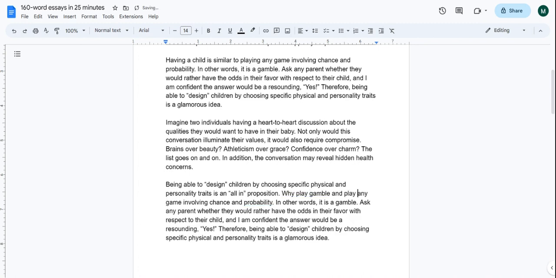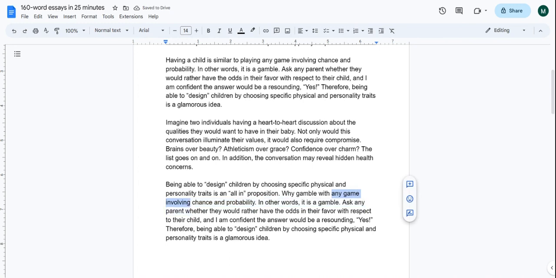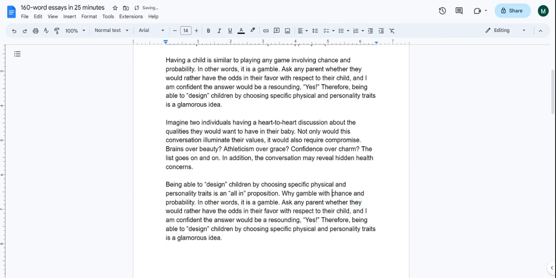Why gamble? Why gamble with chance and probability when parents can have the odds stacked in not only their favor, stacked in their favor?